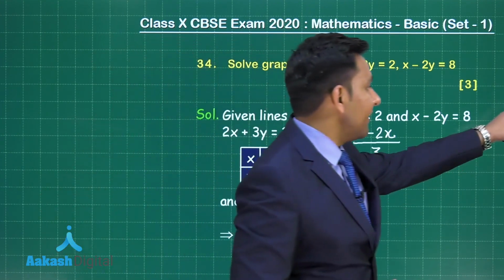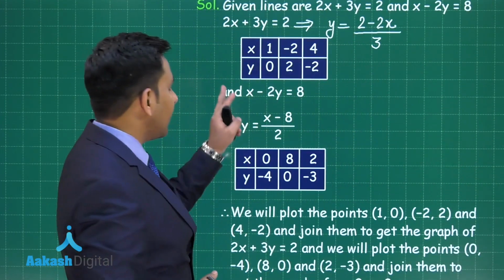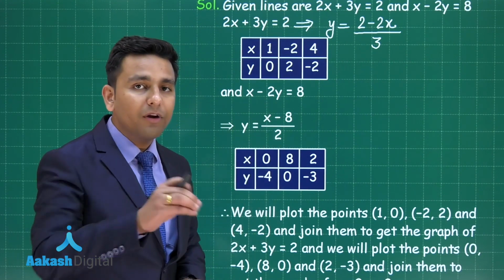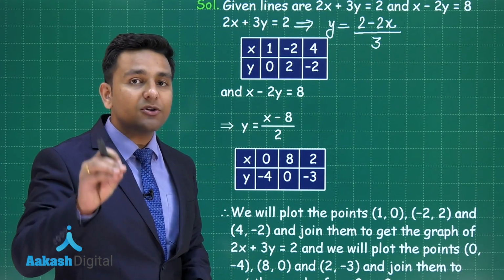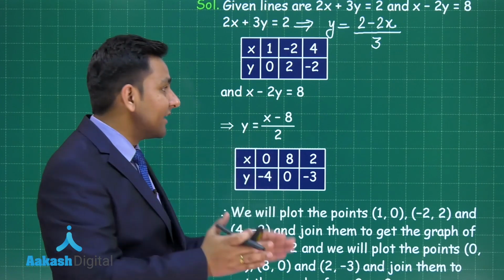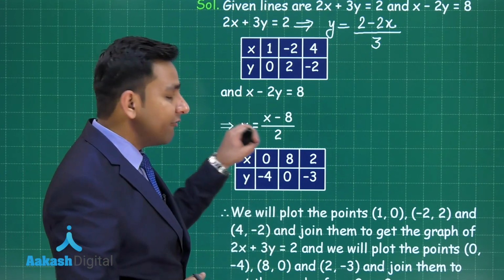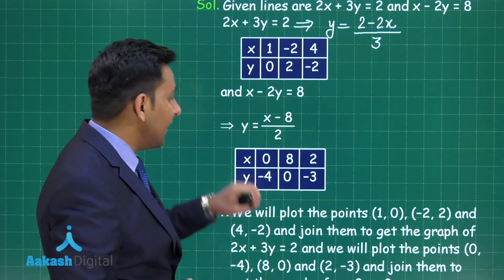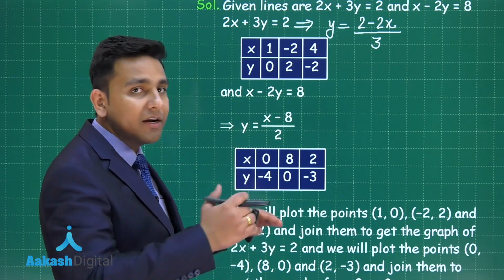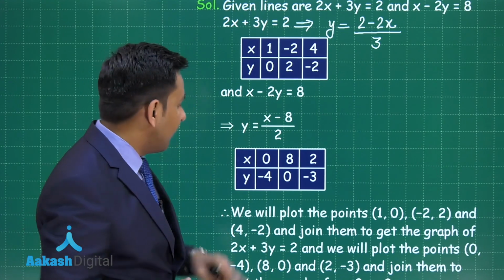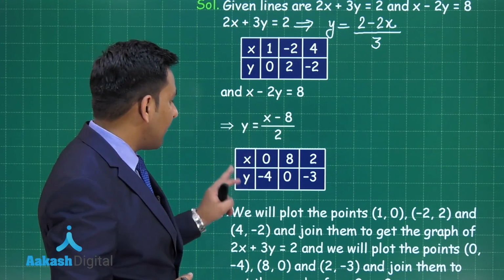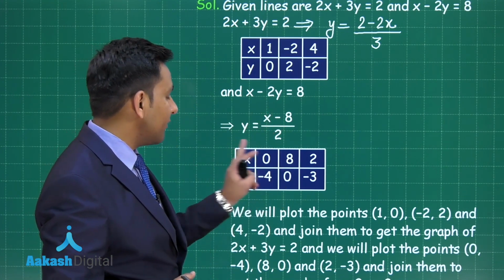Similarly, for the second linear equation, x minus 2y is equal to 8, we will be finding the coordinates of 3 points which satisfy this equation. So here we have chosen some random values of x, and corresponding to these values we have also calculated the values of y. When I put x is equal to 0, I am getting y is equal to minus 4. x is equal to 8, y is equal to 0.